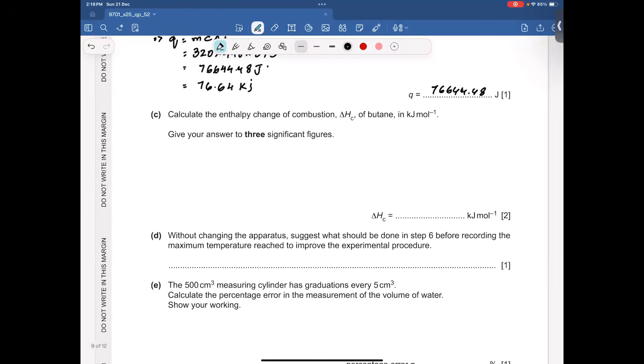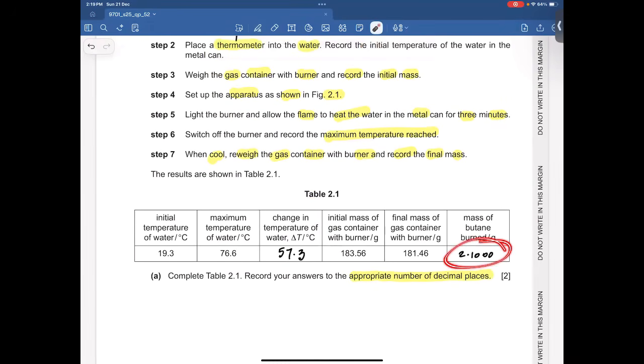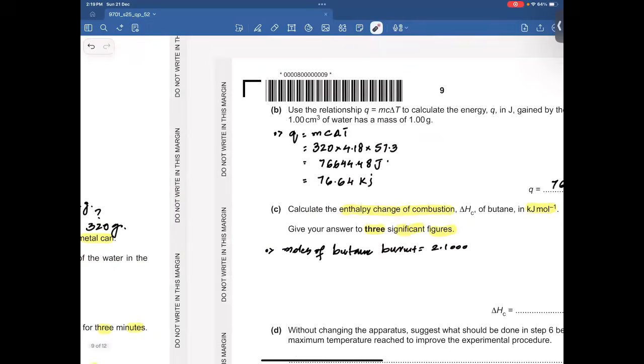Okay. Calculate the enthalpy change of combustion in kilojoules per mole. An examiner is looking for the answer to three significant figures. So first of all, let me find the moles of butane burned. The mass of butane burned was 2.1000 gram, if you remember. The Mr of butane is 58, I believe.